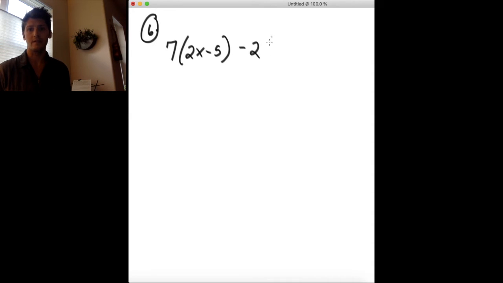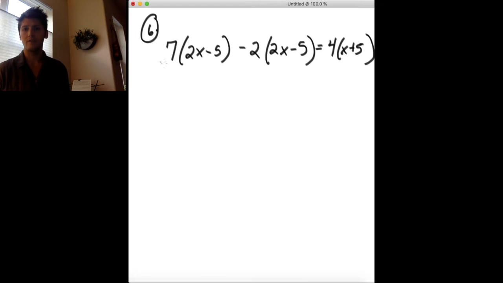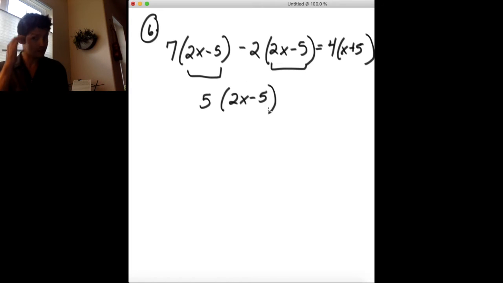Instead of distributing the 7 and then the negative 2, which would be a big pain, I would want everyone to notice that we have 7 groups of 2x minus 5 and 2 groups of 2x minus 5. 7 minus 2 of these groups is 5 of these groups. So I haven't distributed yet, and I didn't need to.